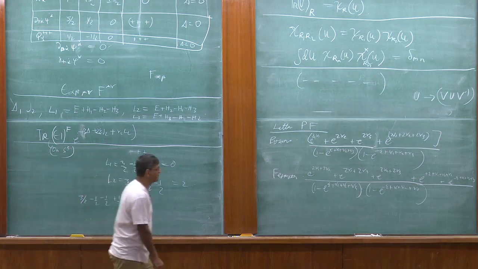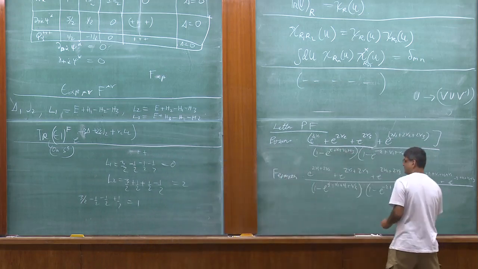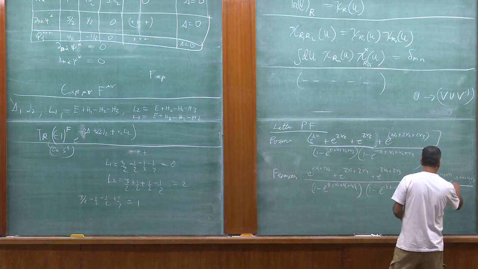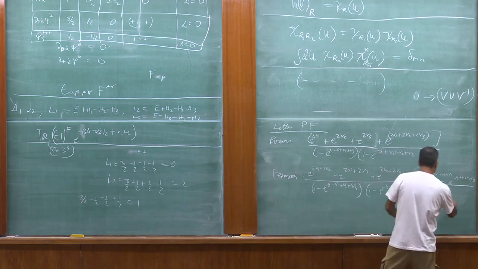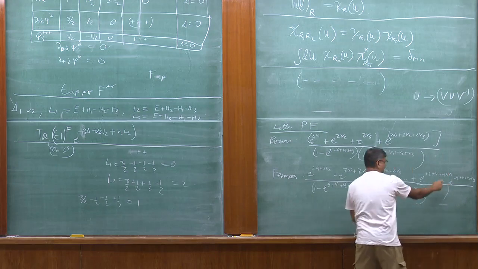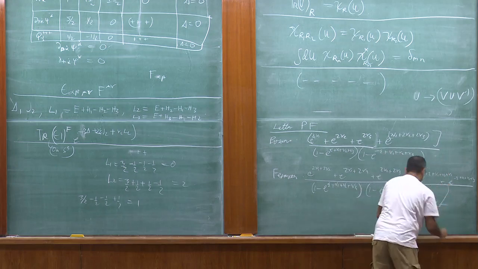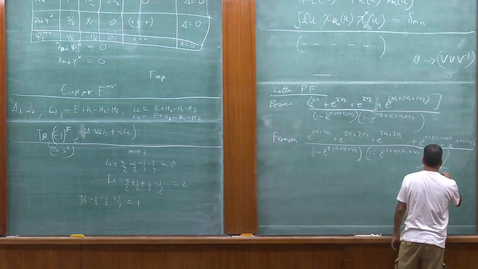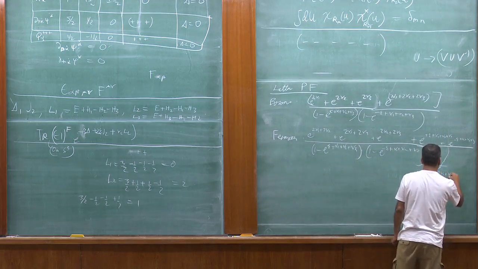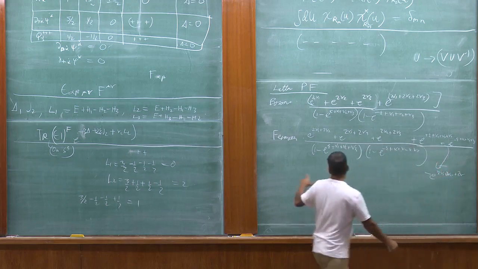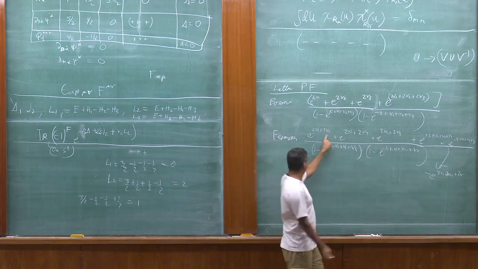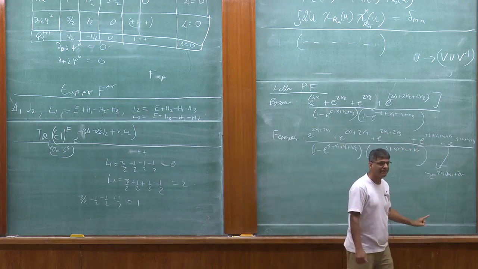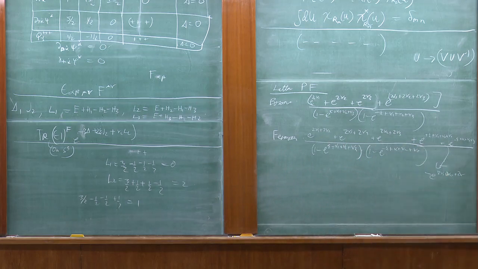Can you check that? Yeah, it will be 2 because the dimension is 5 by 2. So minus e to the power 2 nu1 plus 2 nu2 plus 2 nu3. I'm sorry for writing it so badly. So there are 6 terms up here, 5 with the plus and 1 with the minus. The minus is because it has an equation of motion. You're subtracting away these guys, as we discussed when we were talking about the conformal characters. Is this clear?